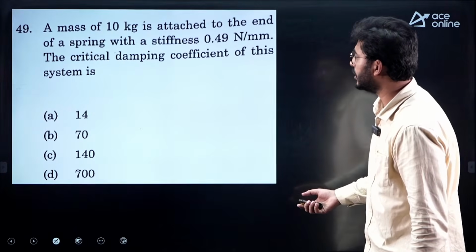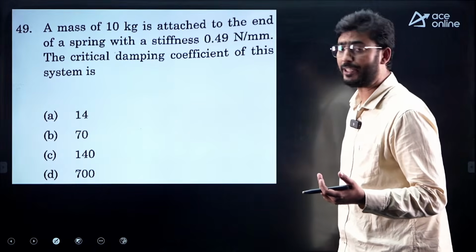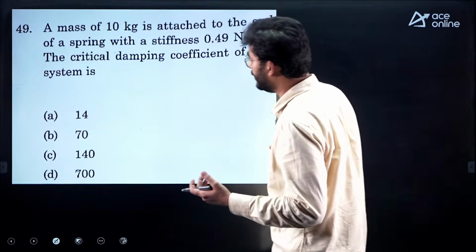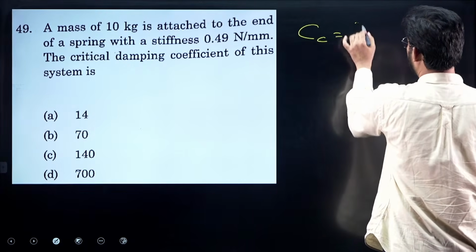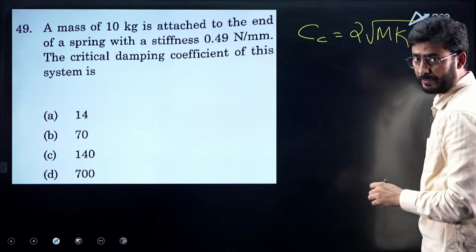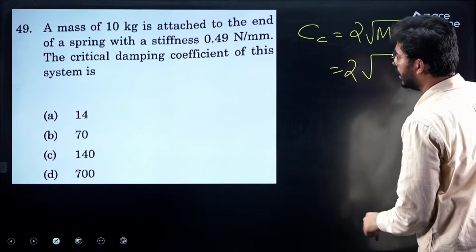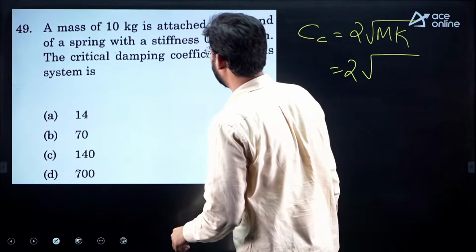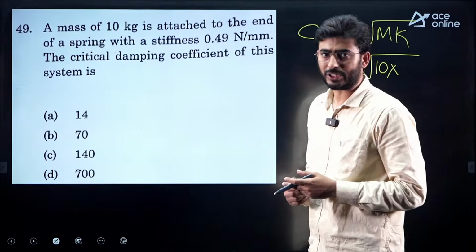Okay, moving to next question. A mass of 10 kg is attached at the end of a spring with a stiffness of 0.49 Newton per mm. The critical damping coefficient for the system is, critical damping is given by C subscript C is equal to 2 root of mk. So 2 into root of mass, which is 10 kg, and the stiffness is 0.49 Newton per mm.